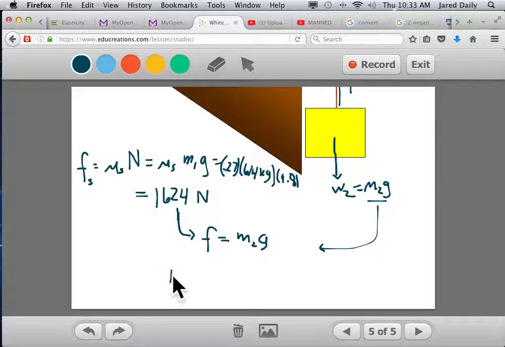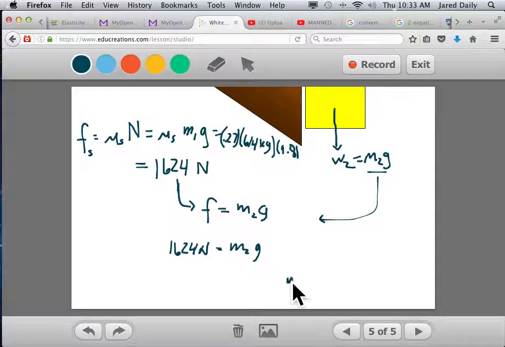So 1,624 newtons has to equal mass 2 times gravity. And then, like you said, you just divide both sides by gravity. So you get 1624 divided by 9.8 equals 165 for mass 2. So if mass 2 is less than 165, then it will hold it up, and that's the biggest mass it can hold up, 165.7.